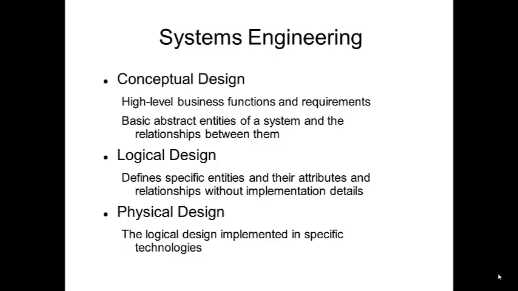The logical design says, how do we turn that, because computers are purely logical, into a logical system of objects, entities, attributes, and relationships. And then the physical design says, how do we take this logical design and implement it in a specific set of technologies? Okay, conceptual design, logical design, and physical design.